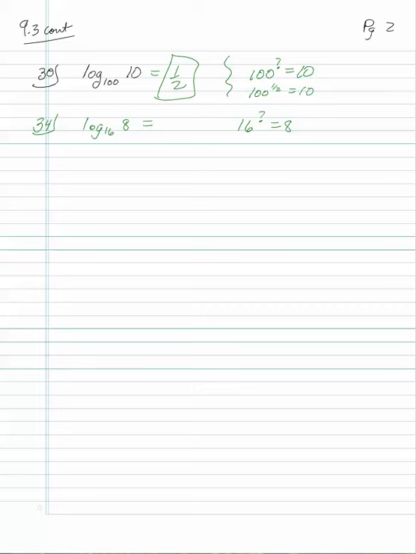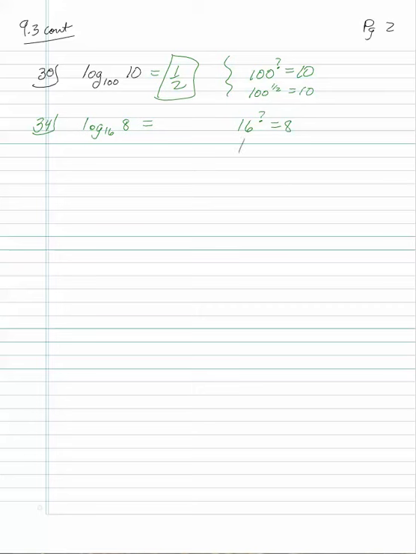Now this is a crazy one because here's the way you would do it. You can say, if you did the fourth root of 16, this would be 2, and then 2 cubed would be 8.